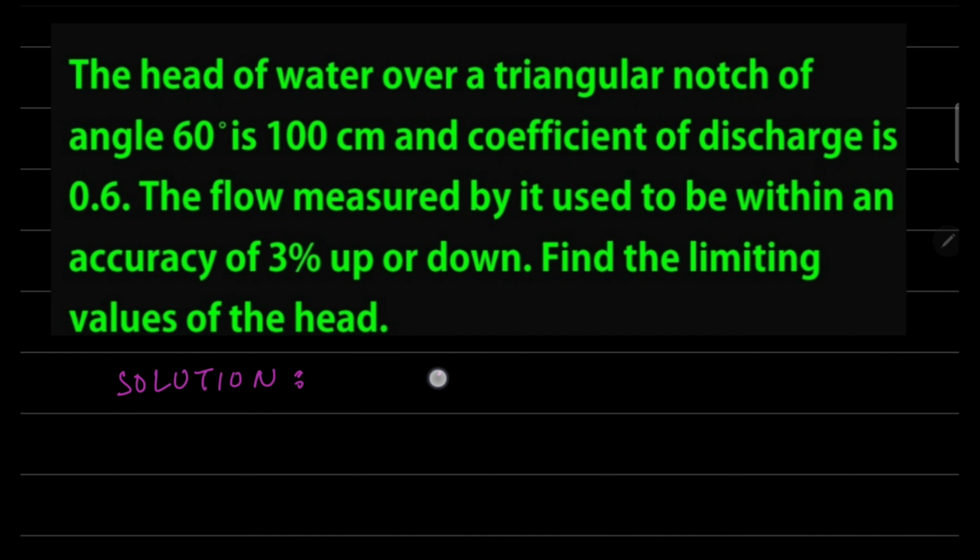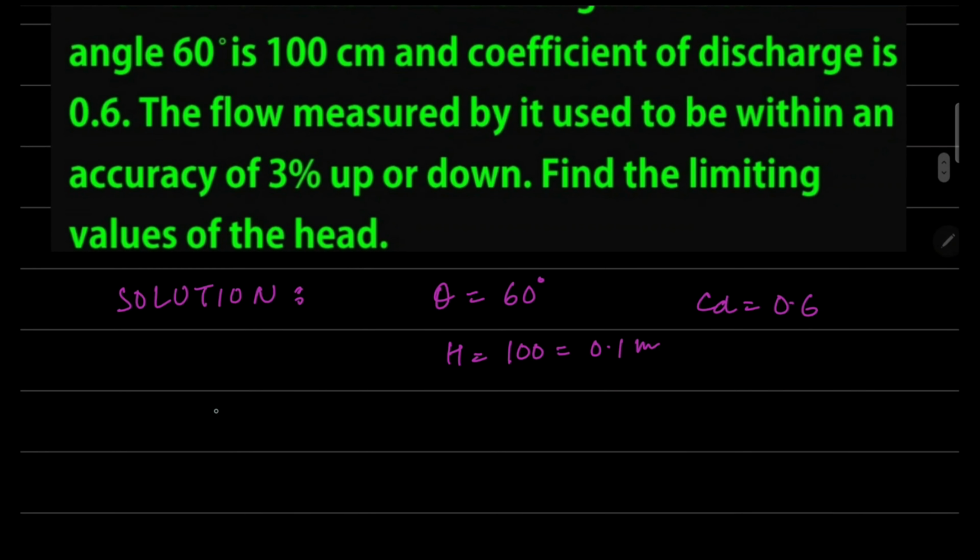So the theta value is given, that is 60 degrees. H is 100 centimeter, that is 0.1 meter, and CD is 0.6. So the error which we are allowed in the measurement of discharge is 3%, that is dq by q is equal to 3%.